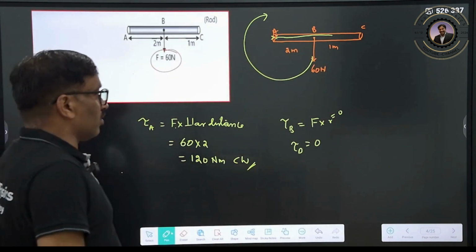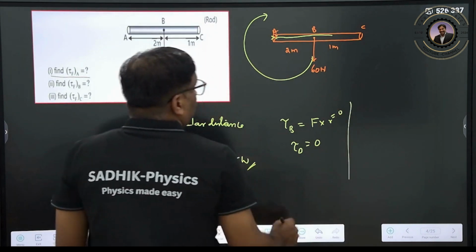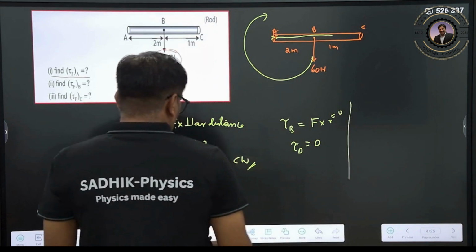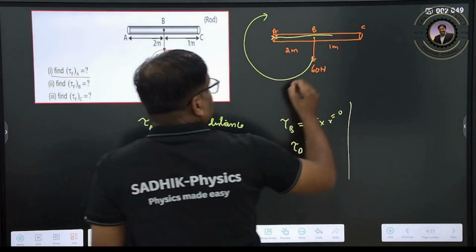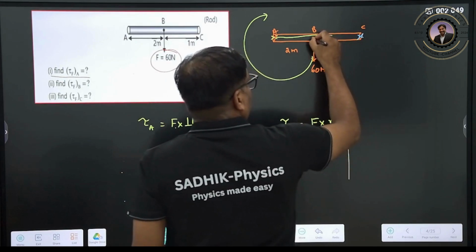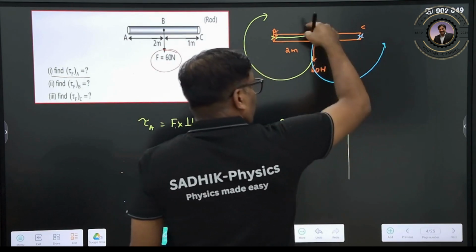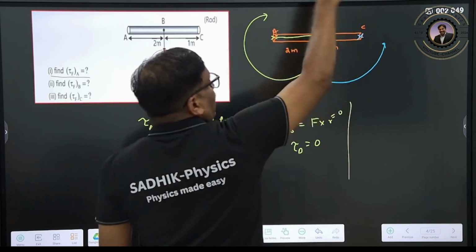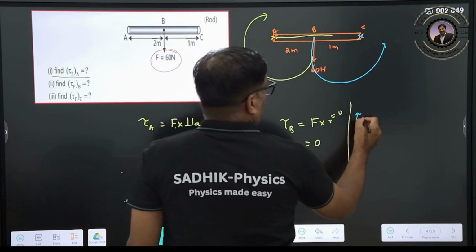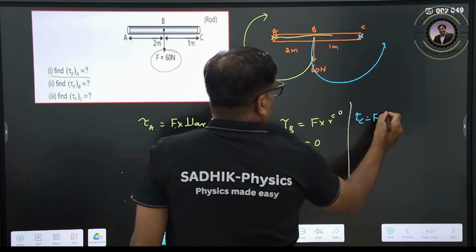Clear? Now what will be the torque at C? Here this force makes the rod rotate like this, which is nothing but anti-clockwise. So torque at C is equal to force into perpendicular distance.